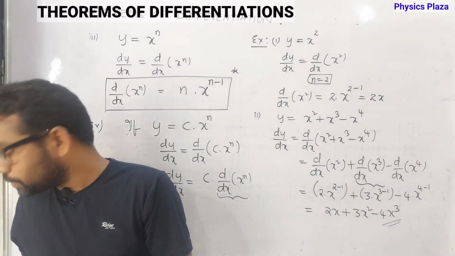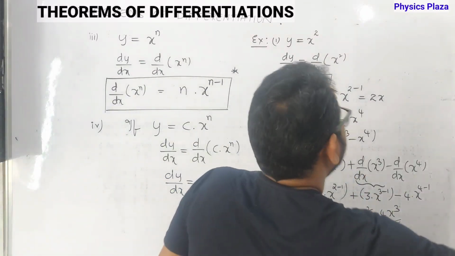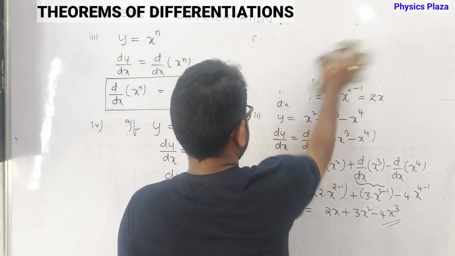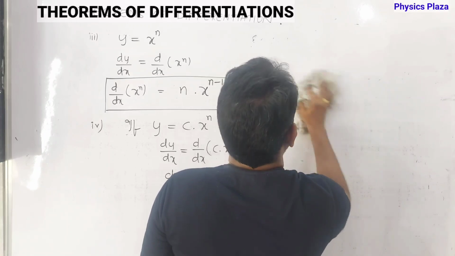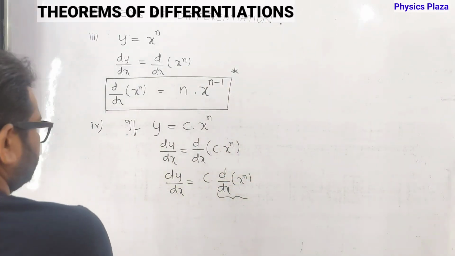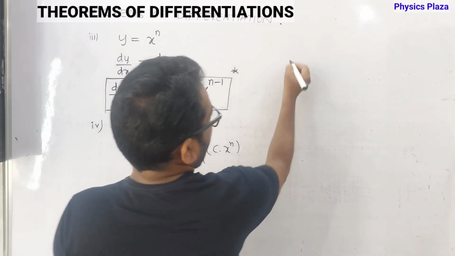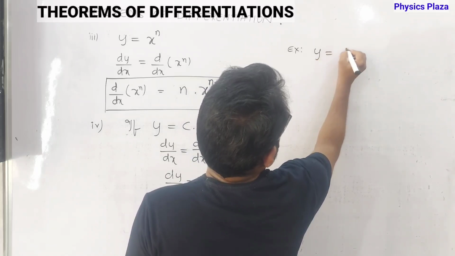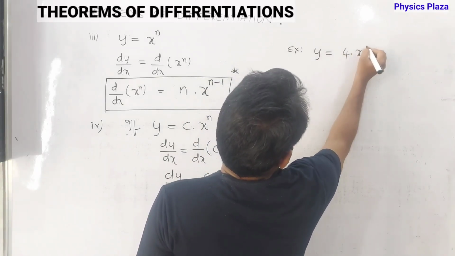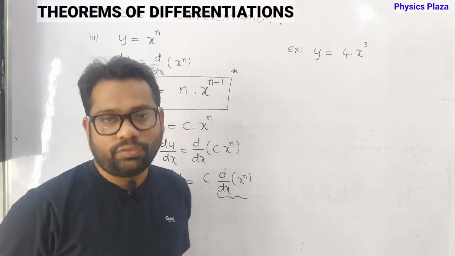Let us see one example so that you will understand. Hope it is copied children. Fine. Let us take an example for the fourth theorem. Look at it. If y is equal to 4 into x power 3, how to calculate the differential coefficient?